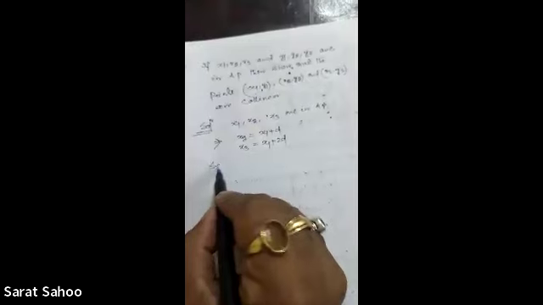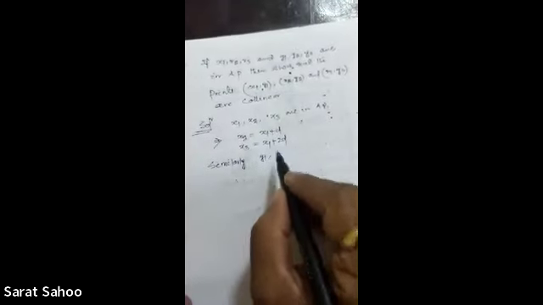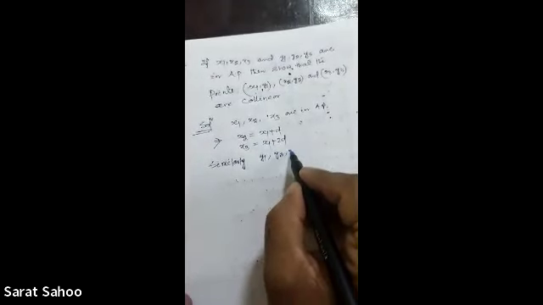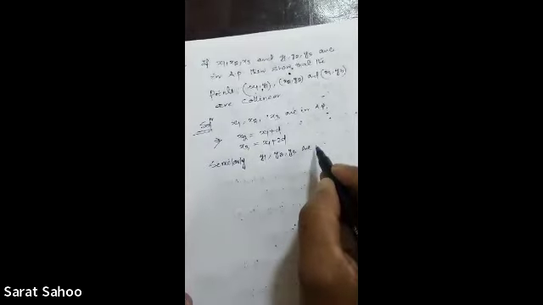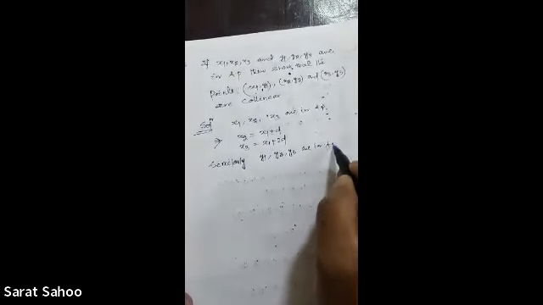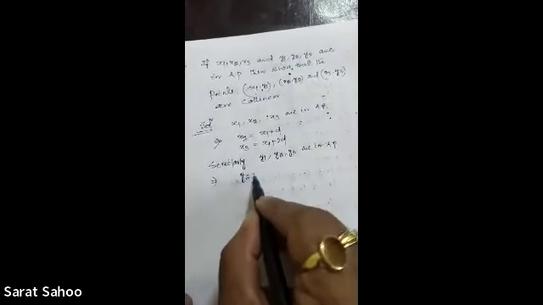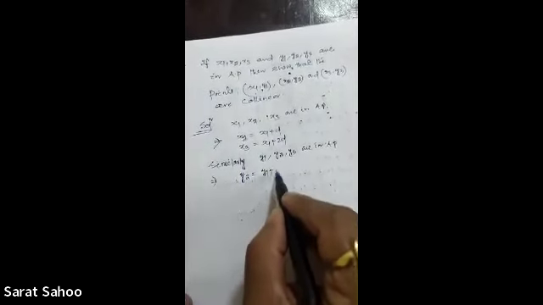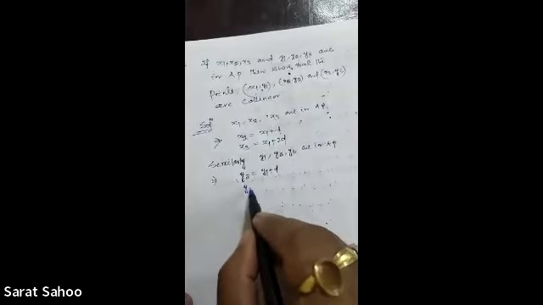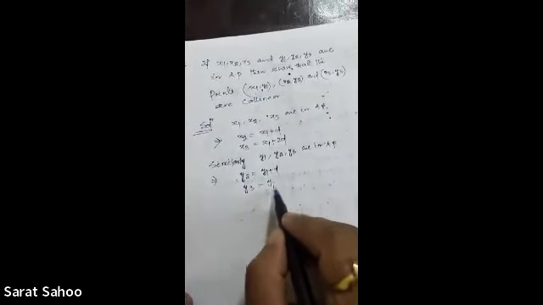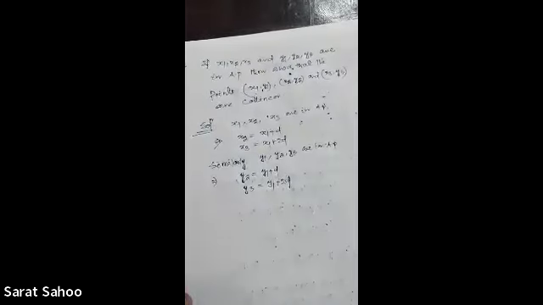Similarly, y1, y2, y3 in AP implies y2 is equal to y1 plus d, y3 is equal to y1 plus 2d.